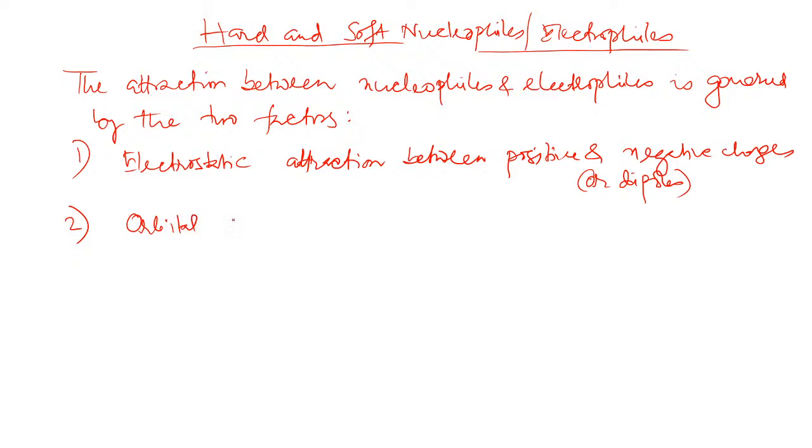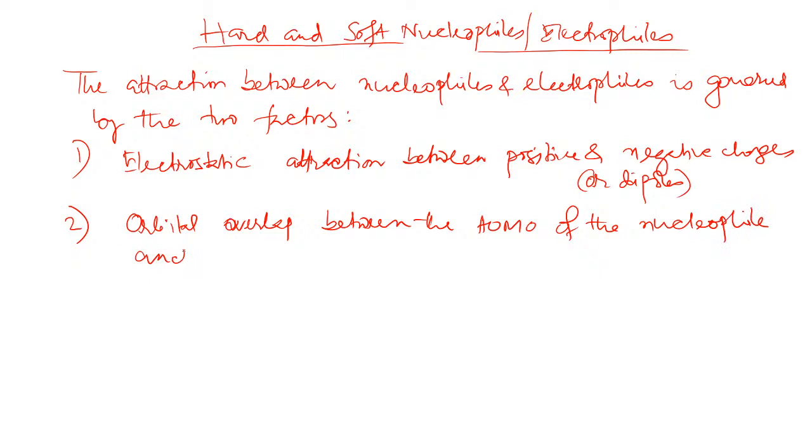And the second one is the orbital overlap between the HOMO of the nucleophile and the LUMO of the electrophile.